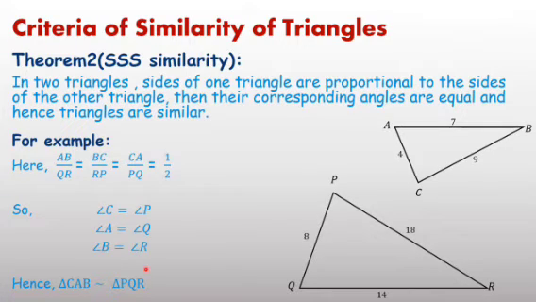The first minimum requirement: if any two angles of one triangle are equal to the corresponding two angles of the second triangle, then both triangles are similar. Or second minimum requirement: if the ratio of corresponding sides are same, then we can say both triangles are similar.